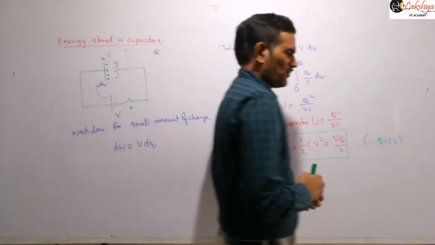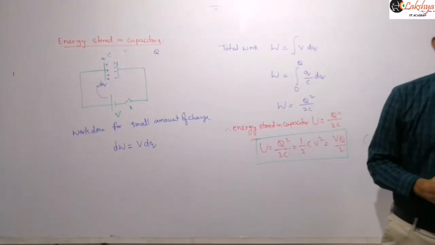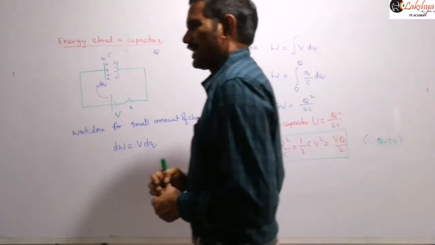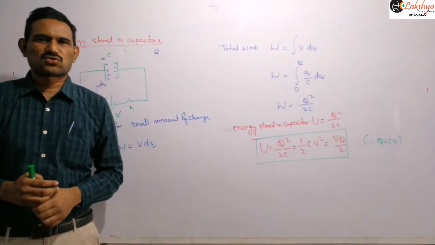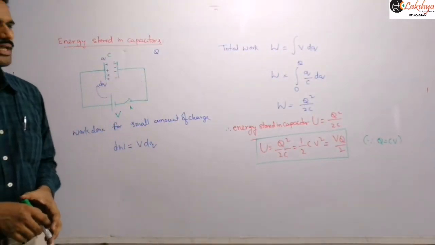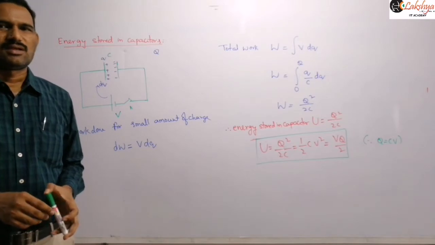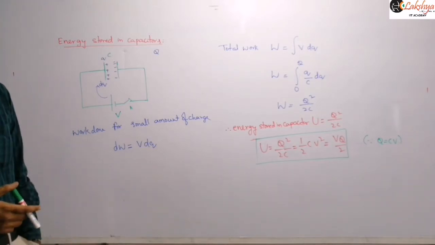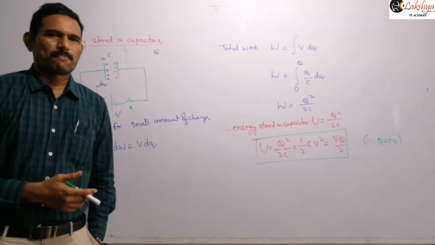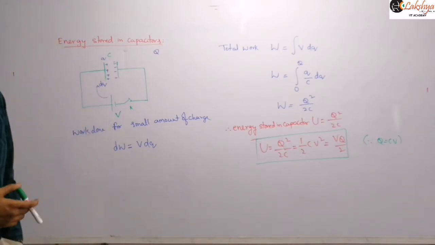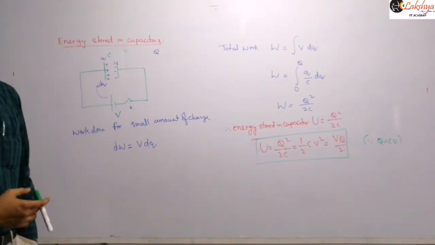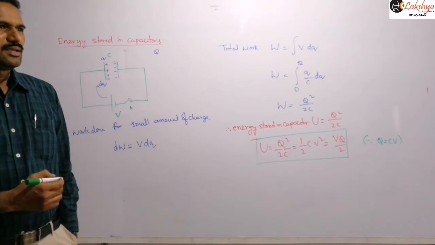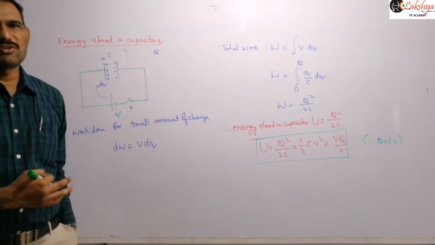So mention that point there. That means the capacitor stores energy in the form of electric field. Therefore, this amount of energy is stored in the space between the two plates.